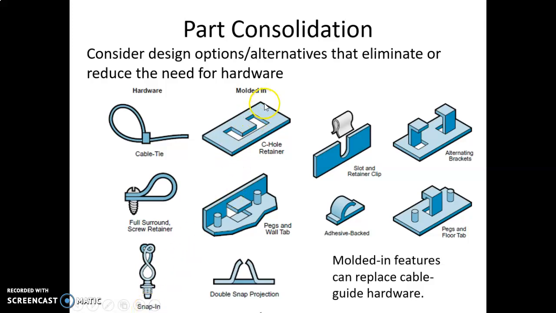For the molded-in parts, we have C-hole retainer, pegs and wall tab, double snap projection, slot and retainer clip, adhesive bag, pegs and floor tab, alternative. So molded-in features can replace cable guide hardware.